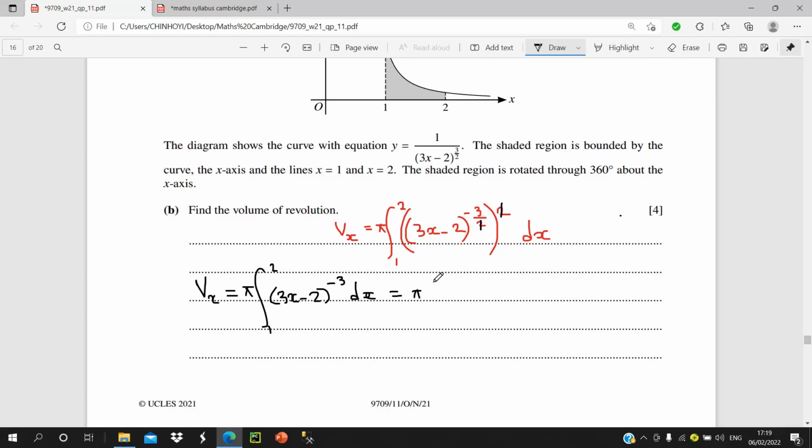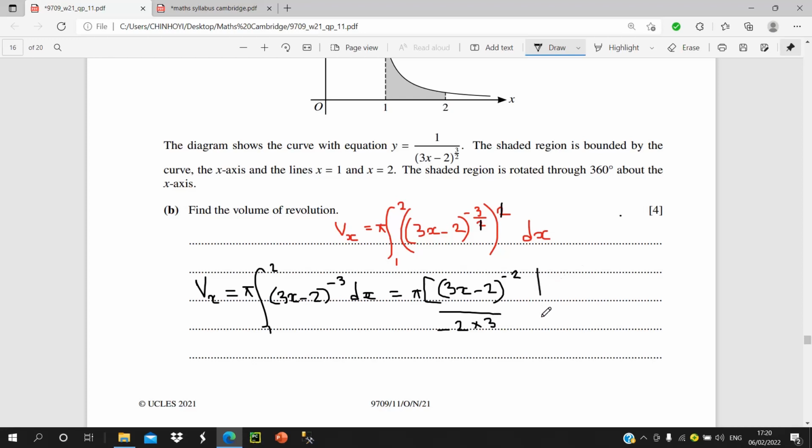If we integrate this one, what do we get? We get 3x minus 2, then increase the power by 1. It's now minus 3 plus 1, it's minus 2. Then you divide by that power, minus 2, then times the derivative of what is inside the bracket, which is 3.